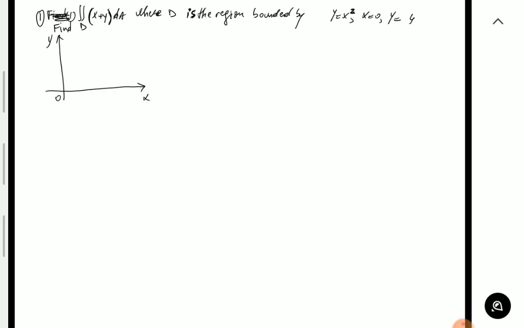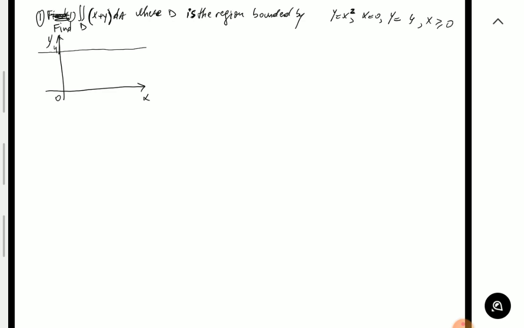So we're going to do y equals x squared, x equals 0, y equals 4. Now, x equals 0 is just the y-axis. y equals 4 is a horizontal line, like that. Okay? y equals x squared, and to be absolutely correct, because I want just the right half, let's state also that I want x greater than or equal to 0, so that I exclude the left side.